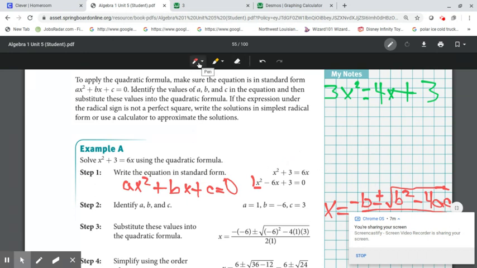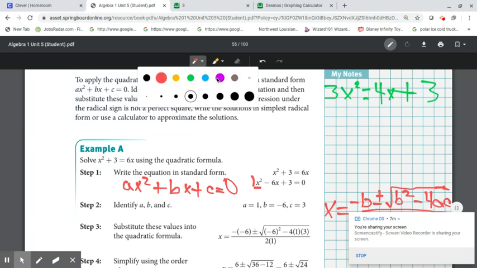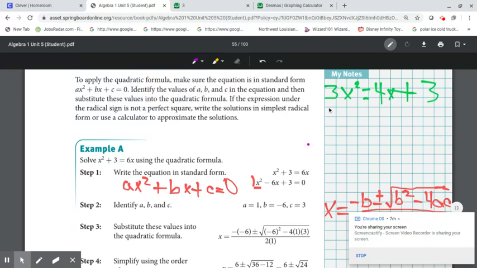All right, so the first thing we're going to do is make sure it is in standard form. So standard form means it needs to equal 0. The easiest thing to move is the 3x squared, so we're going to subtract 3x squared from one side, and we also do it to the other. Whatever you do to one side, you do it to the other. All right, so that is going to give me 0, which we want it to equal 0.